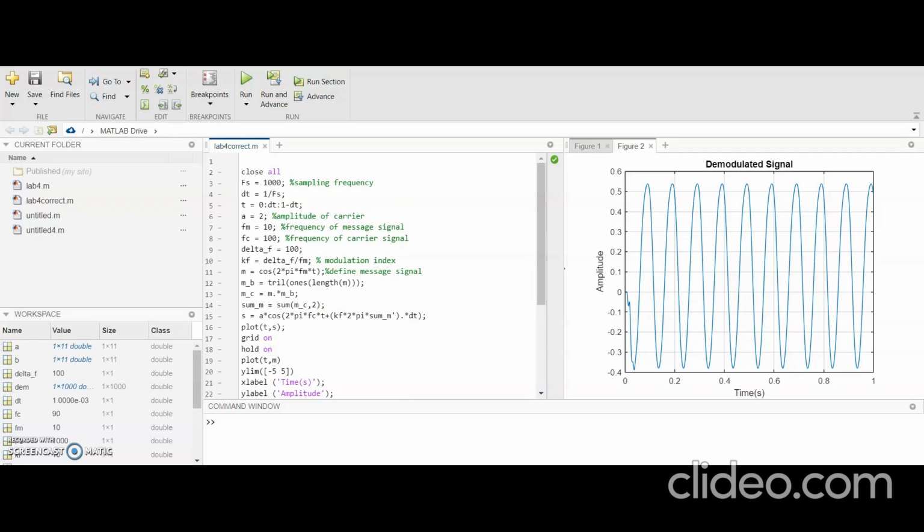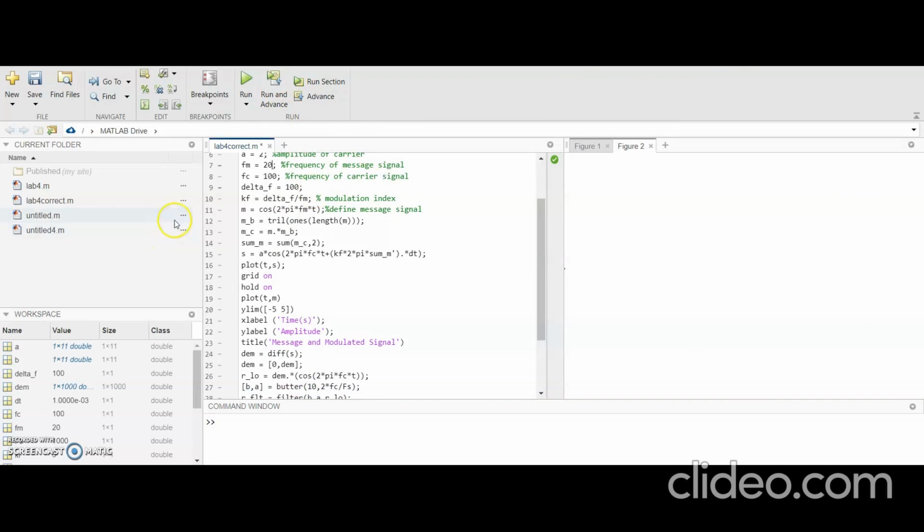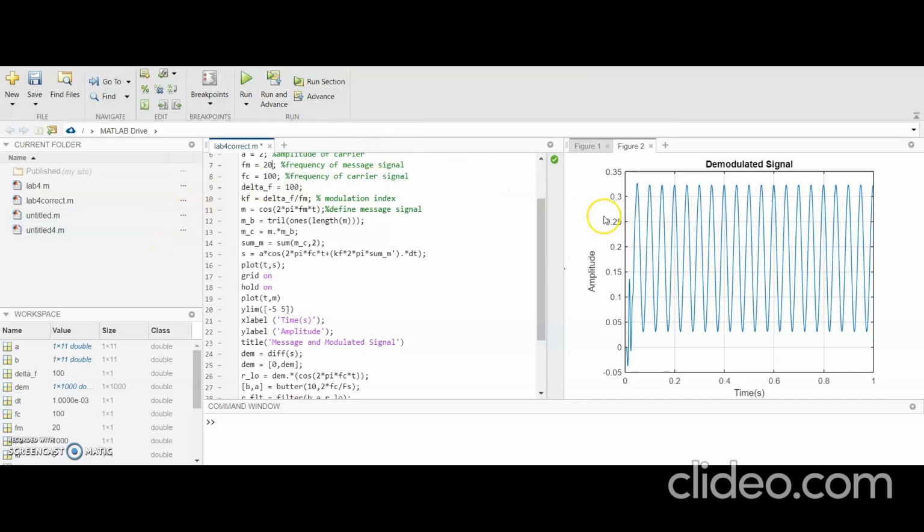Now we are going to change the frequency of the measured signal, Fm. When Fm is equal to 10, the demodulated signal is like this. When we change it to 20, the graph will be like this, and the period will become shorter.